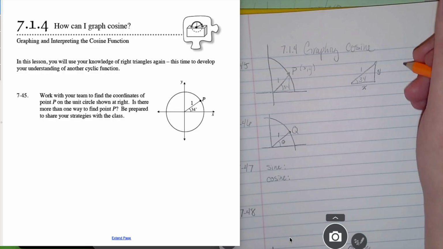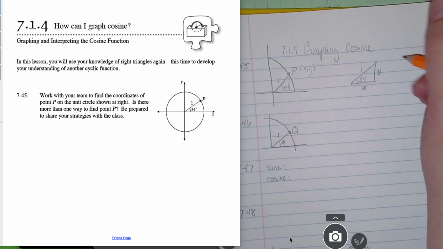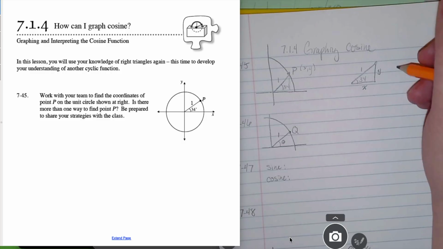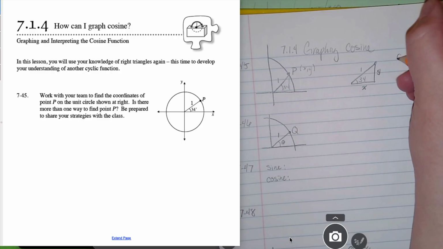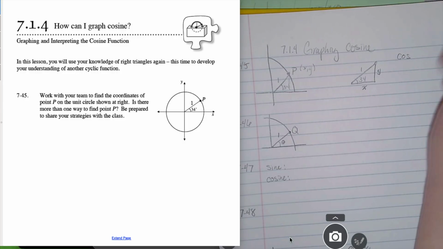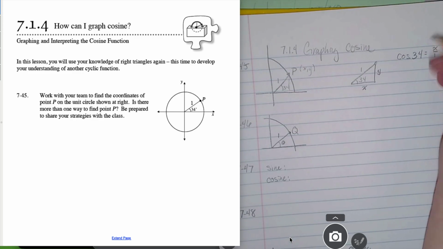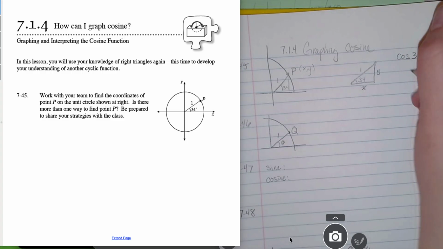So let's say I want to do x first. So thinking about my sine, cosine, and tangent, what I know from back in the day, I would need to do cosine to find x, because that would be the adjacent over the hypotenuse. So cosine of 34 would give me x over 1. And then from there, I'm going to have to solve for x, so I would need to get x by itself by multiplying by 1 on each side, which we know isn't going to do anything.